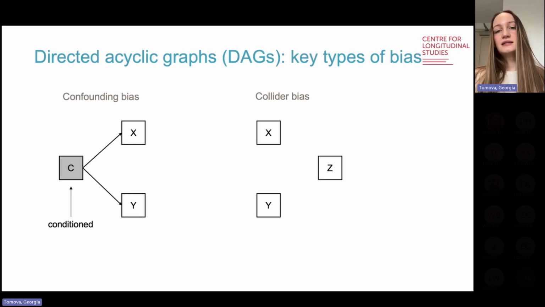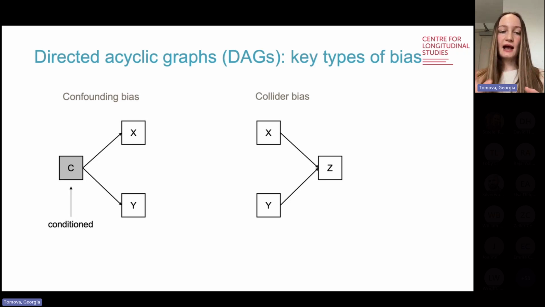On the right, we have collider bias, which of the two is probably not understood as well or as commonly. Suppose we have the same two variables, but this time they both simultaneously cause a third variable, Z. It's called a collider because you can think of these arcs as colliding into the third variable.